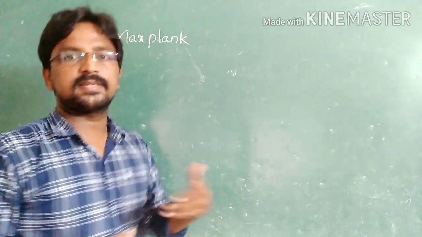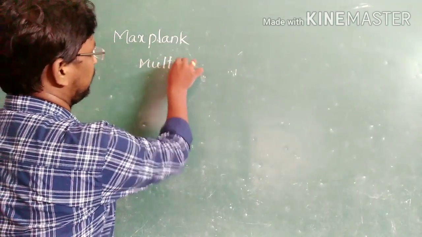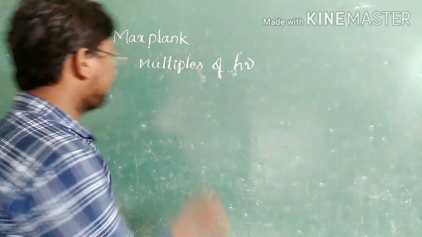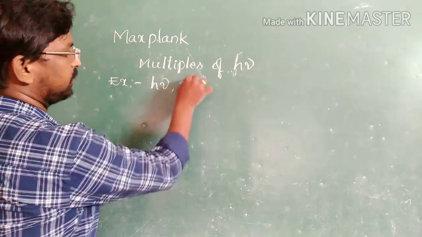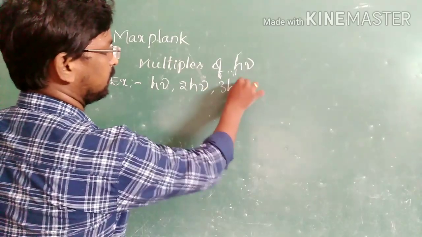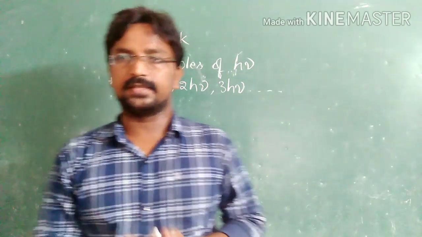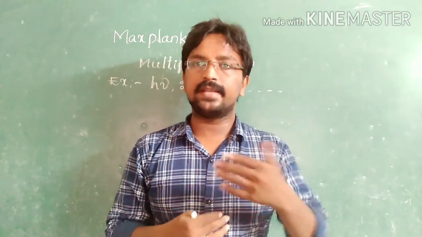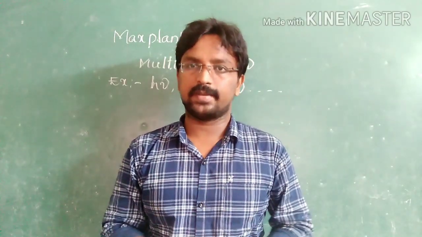It is in multiples of h nu, for example h nu, 2h nu, 3h nu, and so on. Like that, the energy is emitted. The energy is gained or lost in a discrete manner, with discrete values, not in a continuous manner.